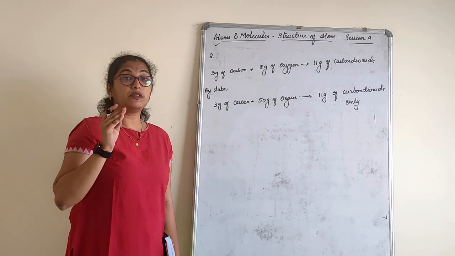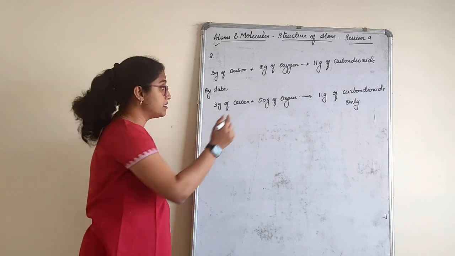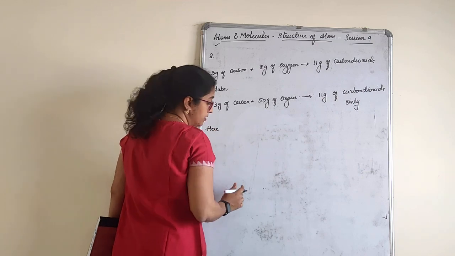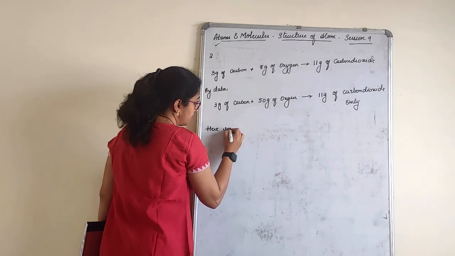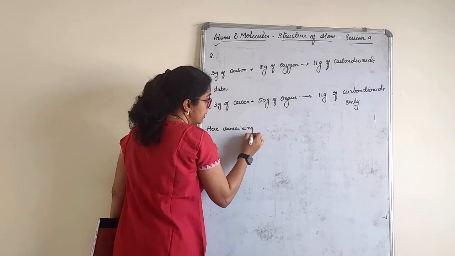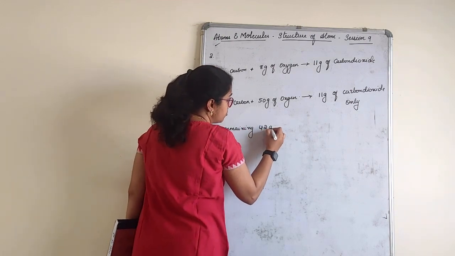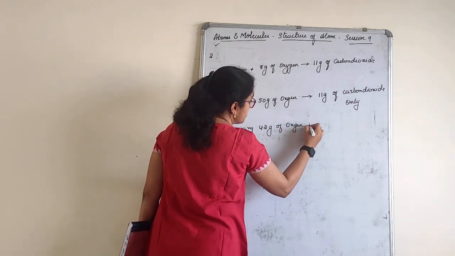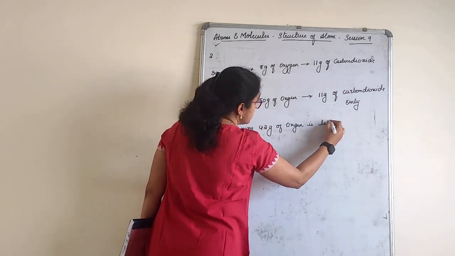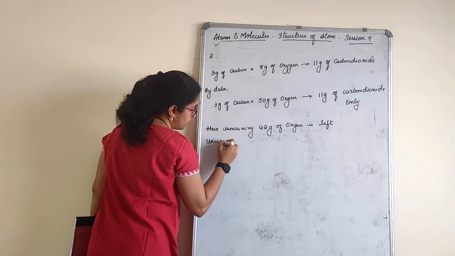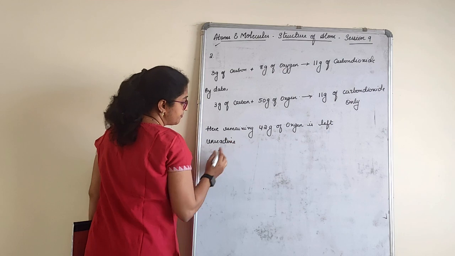What is happening to the remaining 42 grams? The remaining 42 grams of oxygen is left unreactive. Why?